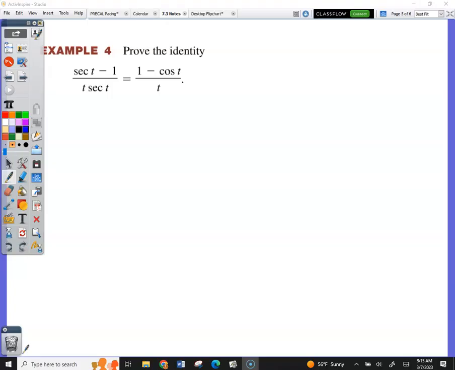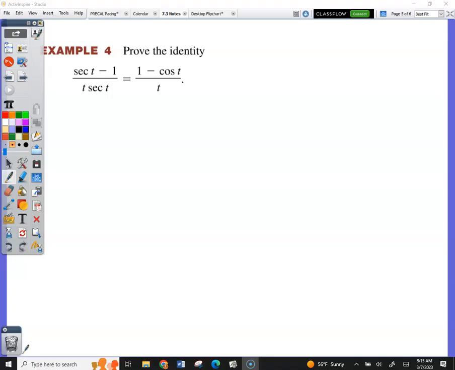All right, let's look at this one. We've got prove this. There's one similar to this in the homework. When you first look at it, you probably can't really decide what side needs to be manipulated because they do look very similar.